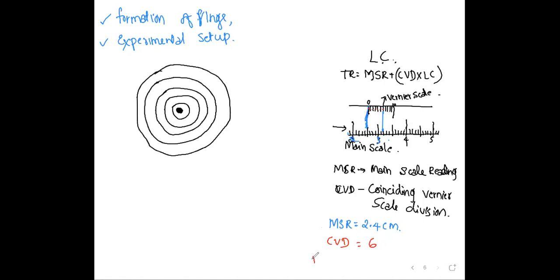Then the total reading. How to calculate? MSR means 2.4 centimeter, plus in the bracket CVD, that is 6. Then we have to calculate the least count. What is the formula for least count?